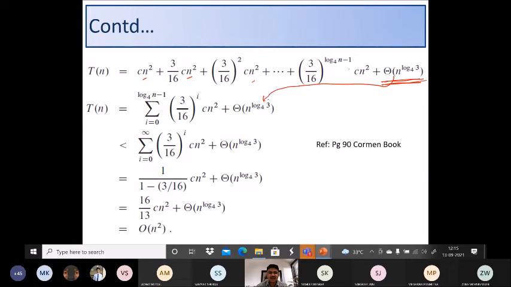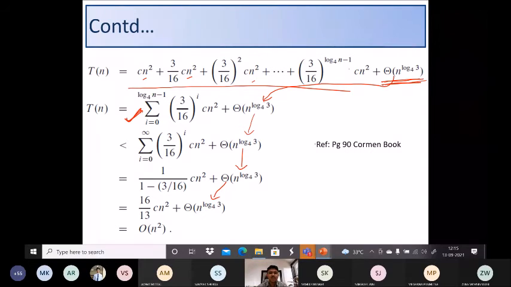This is not coming in any pattern, so I will just continue with this part. Now the next step is very important. You are trying to take the upper bound, so you are using the less than sign.